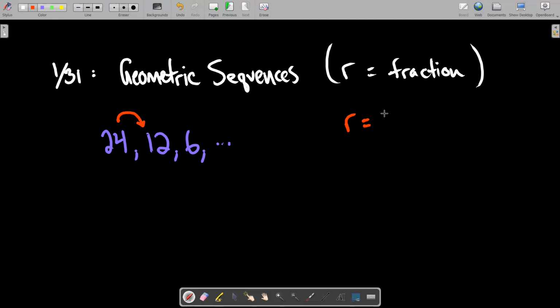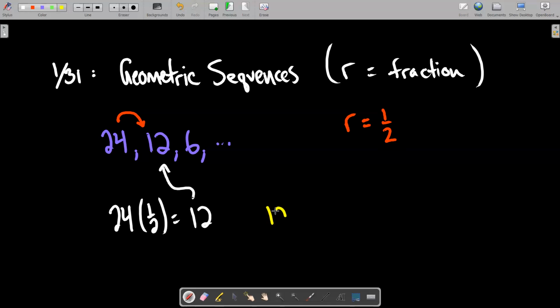So in this case, we say R is equal to 1/2 because that's what we multiply by each time to get the subsequent term. So for example, I can prove it to you, 24 times 1/2 is 12. And I can go another step further: 12 times 1/2 is 6.